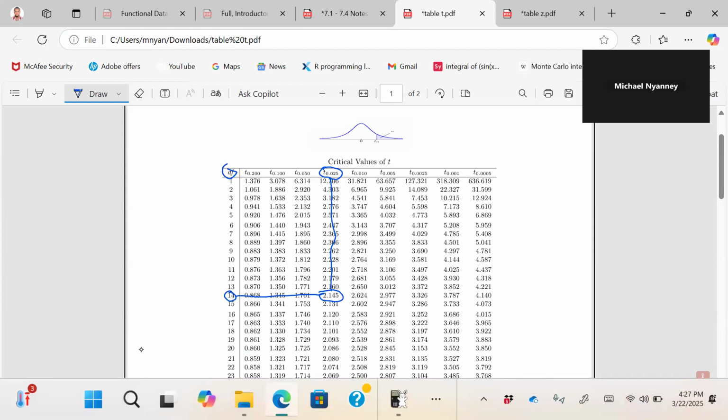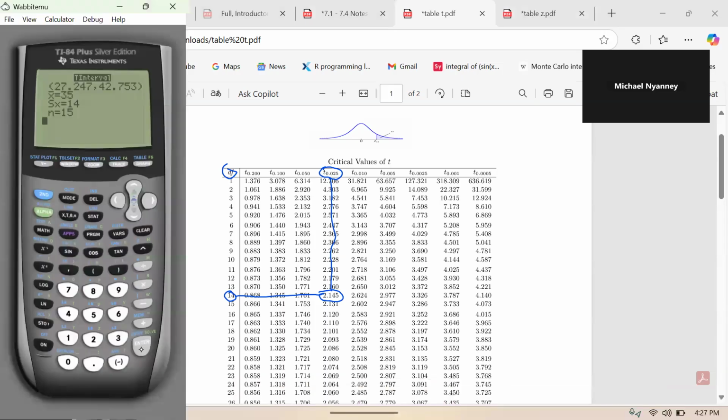Okay. We can also use our calculator to get it. Okay, we use the inverse. So you click second, then you go to inverse t. So the area is your alpha over 2. You know that is going to give you the negative side. So we choose the positive. So what is the area? Alpha over 2, 0.025.